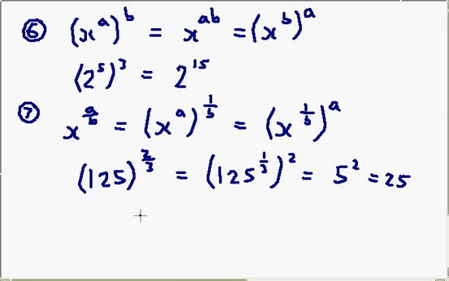Notice how this has been a lot simpler than writing 125 squared to the 3rd. That would involve you finding 125 squared and then determining the cube root of it. That is much more difficult than working with it this way round. So in some cases, one method will work better than the other.